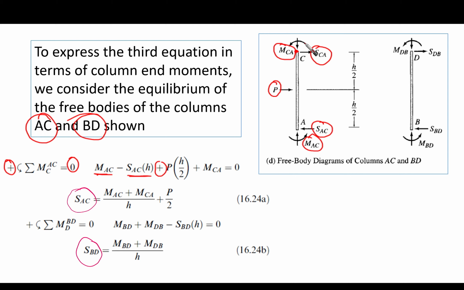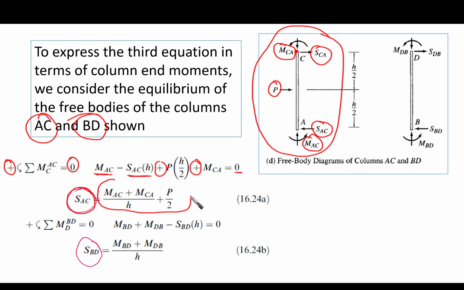And then we have another moment, MCA. Again, it is counterclockwise, so it is positive. MCA equals 0. So the summation of moments at point C for the member AC is 0. Rearrange this and put SAC on the left-hand side and everything on the right-hand side.